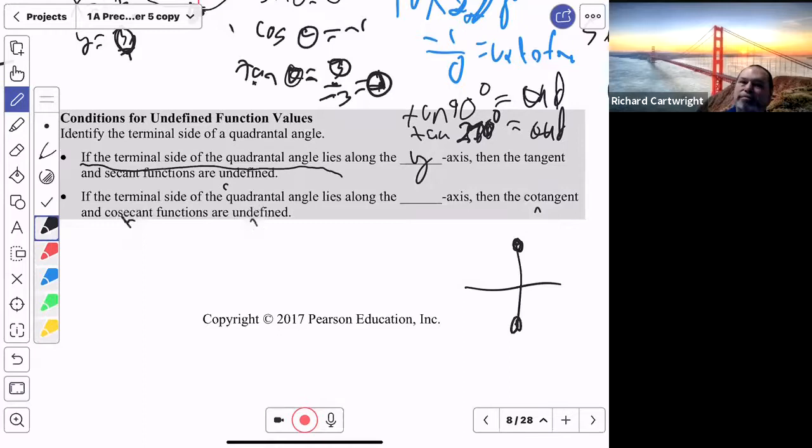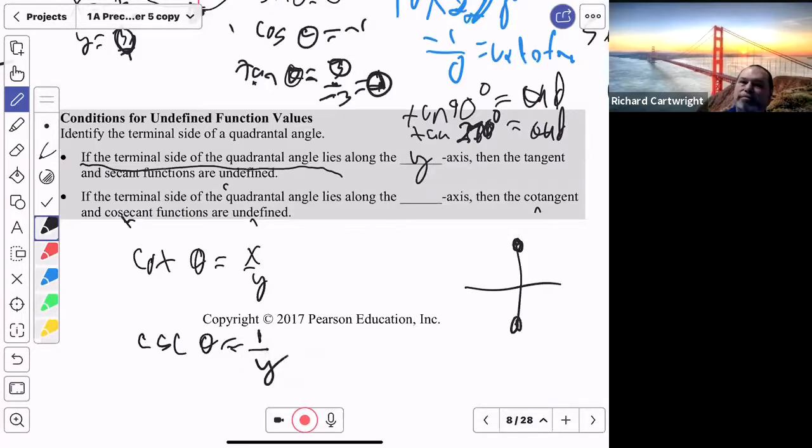Okay. That's a little harder. Cotangent means x over y, and cosecant means your radius, which is 1, over y.